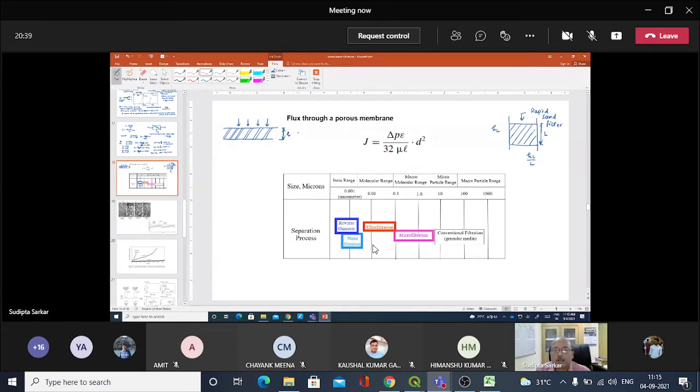And also we had the value of determining the passage of water, and mu.